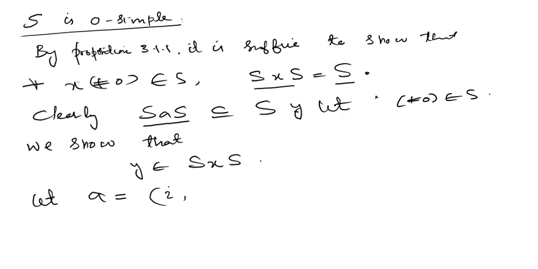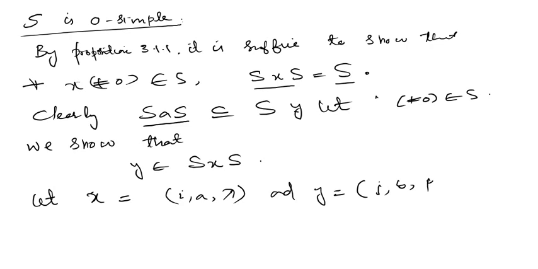Okay, so now what type is this x actually? Because x is in S, x is of the following type and it's a non-zero element. So let x be equal to (i, a, lambda), and y is equal to (j, b, mu).